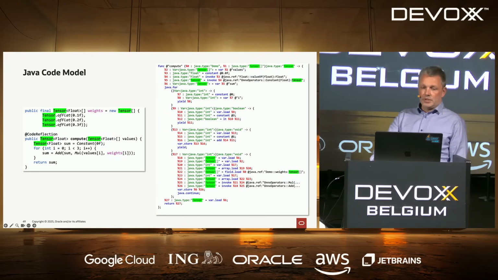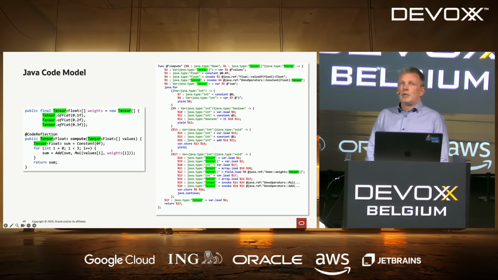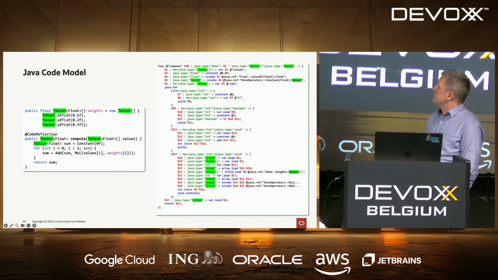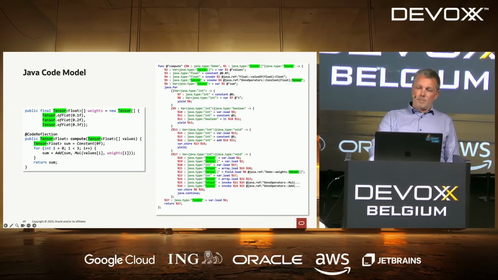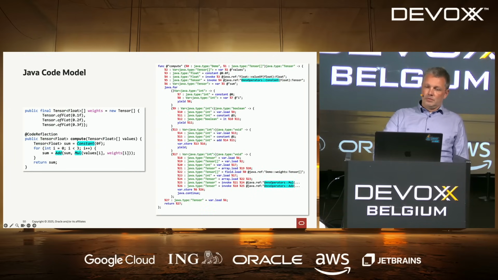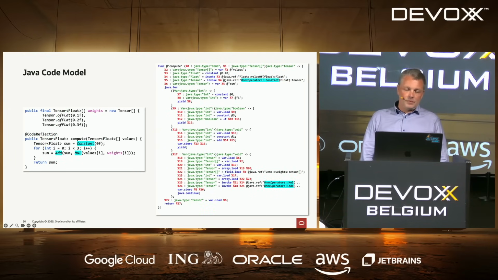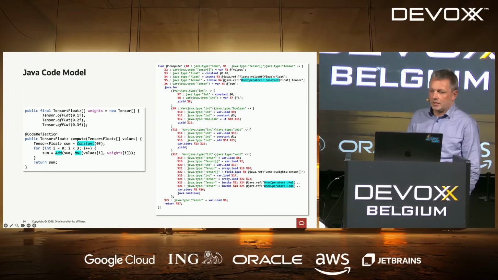It's very similar to our first example, except for some differences. Instead of primitive types, we used tensor types. Instead of basic operations, you see method calls to the ONNX operators.